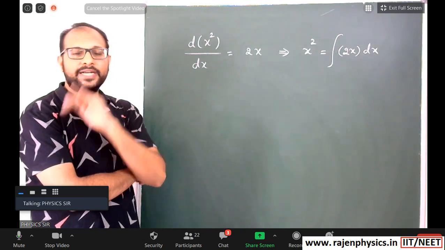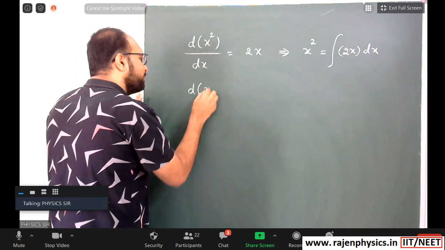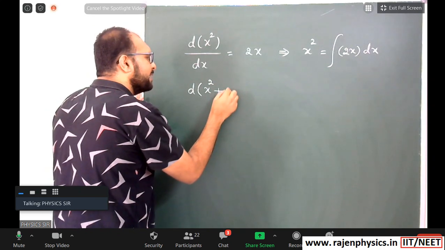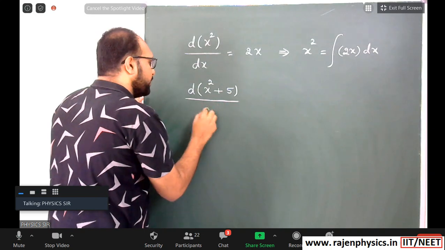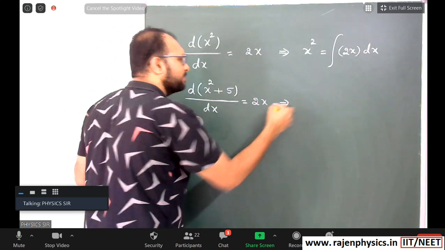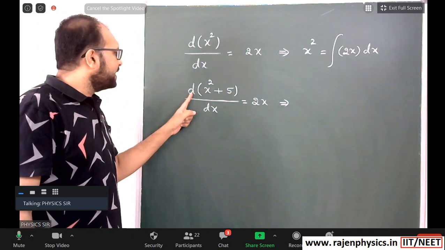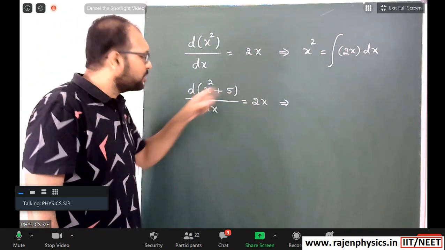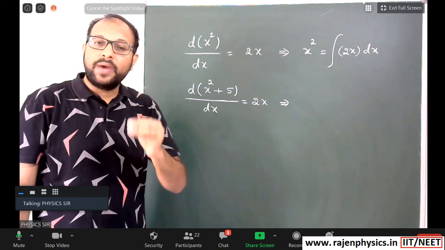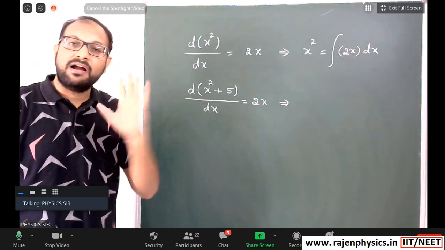And one more point, students. The derivative of x square plus some constant, let it be 5, with respect to x, how much? Again 2x only. That means the derivative of x square is 2x, and the derivative of x square plus 5 is also 2x. Not only x square plus 5, x square plus or minus any constant is again 2x.